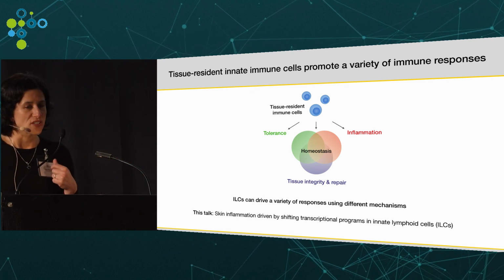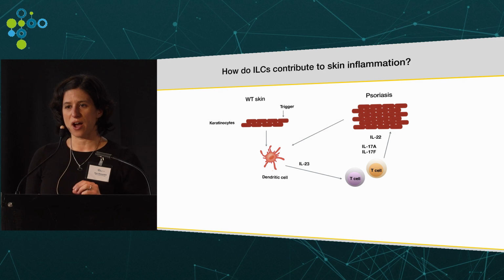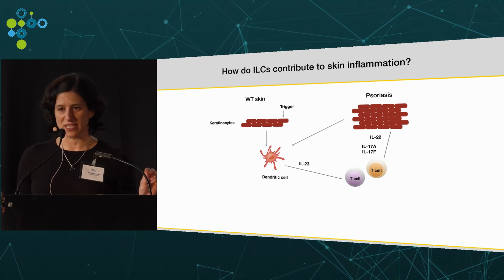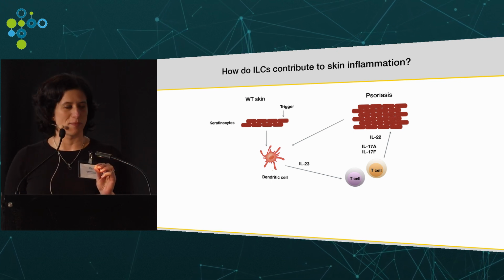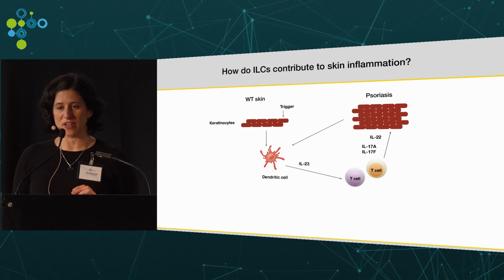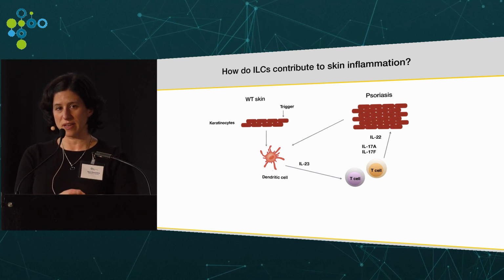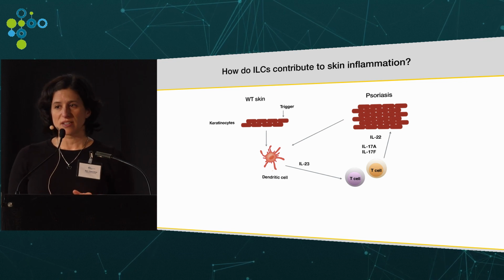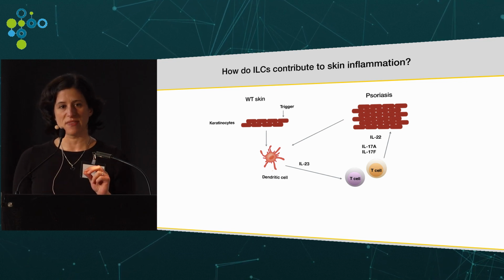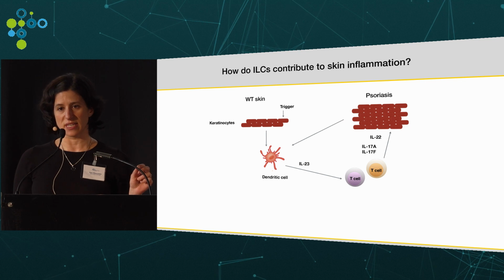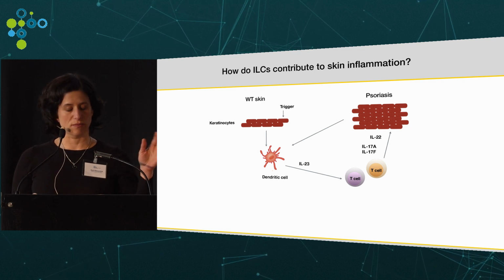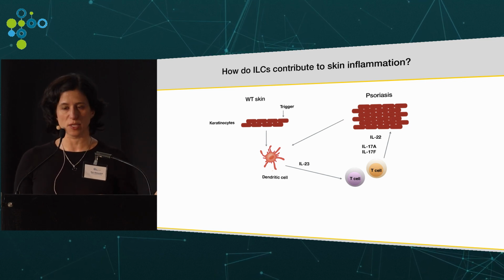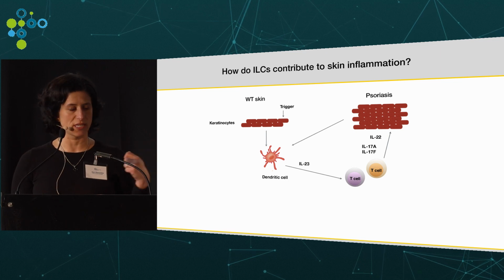Okay, so just a model of how psoriasis works, very simple. So we know there's some trigger that causes keratinocytes, the skin epithelial cells, to signal to dendritic cells, which are kind of immune cell, and they use IL-23 signaling to communicate with T cells, both local T cells and recruited circulating T cells.